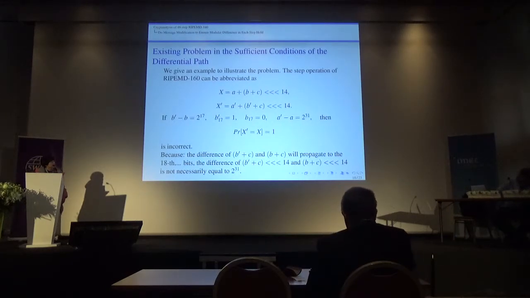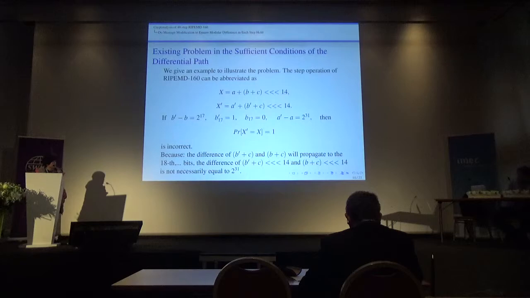Here is left rotation. If b prime minus b equals 2^17, the 17th bit of b prime equals 1, the 17th bit of b equals 0, and a prime minus a equals 2^31, then x prime minus x equals 2^31 does not necessarily hold.